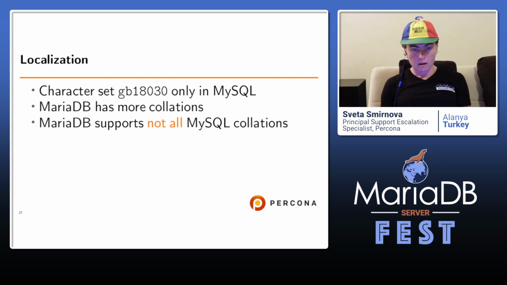Localization. Localization is character sets. MySQL and MariaDB support a similar set of character sets, but the character set GB18030 is available only in MySQL. MariaDB has 30 or 40 more collations than MySQL, but MariaDB does not support all MySQL collations.